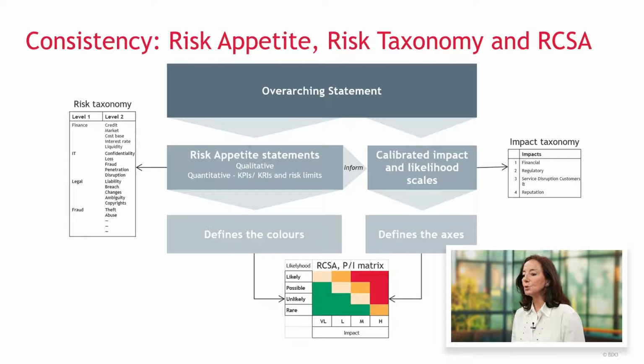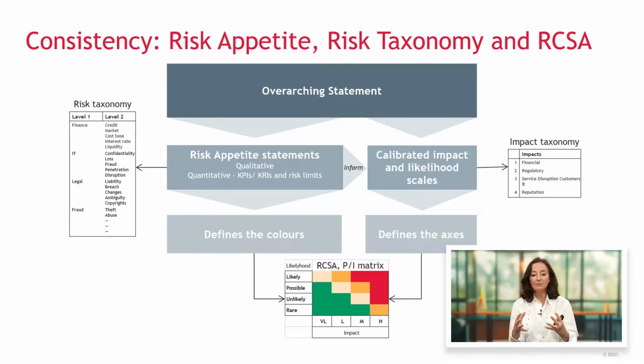translated into types of risk per risk appetite statement that is matched by or aligned with the risk taxonomy that we covered in the previous videos. The tolerated and calibrated impact, high, medium, low, extreme, is matched with the impact taxonomy that we also covered.